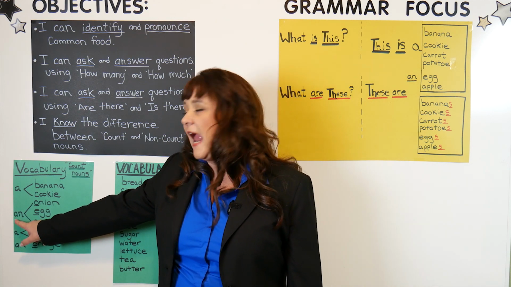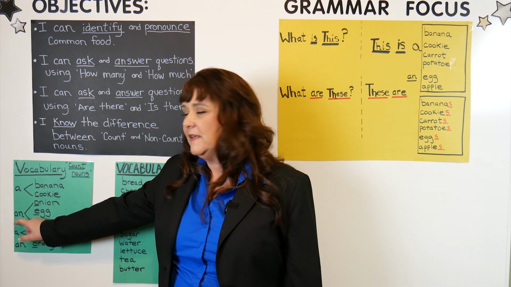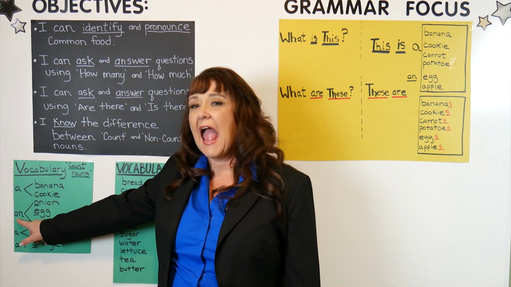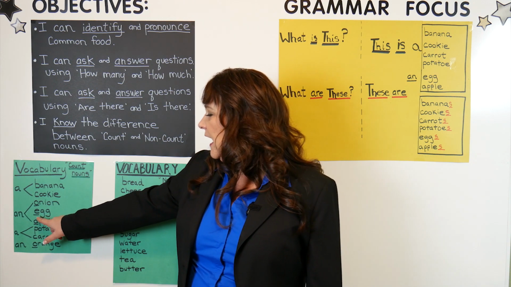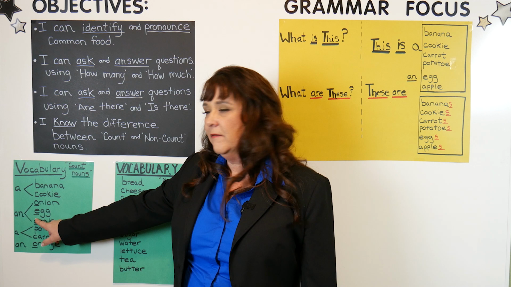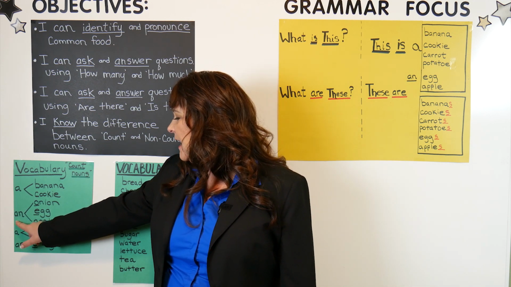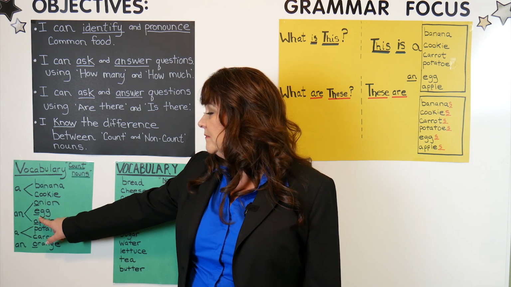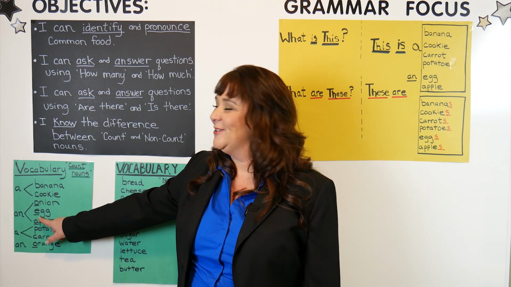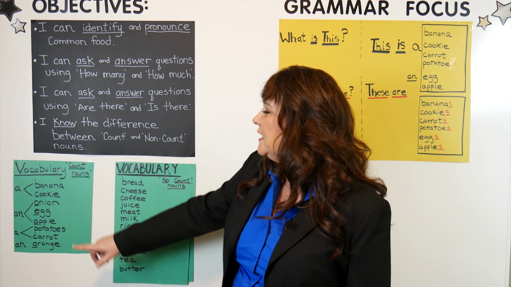I use the word an before these words. I say an onion. And before the word egg, we say an egg. Do you know the difference? Well, maybe you do. But if you don't, it's pretty easy.